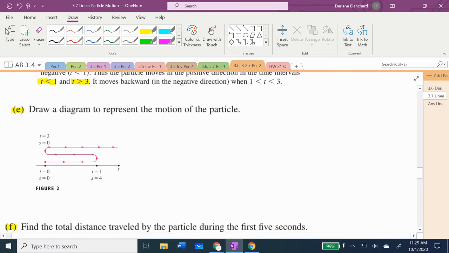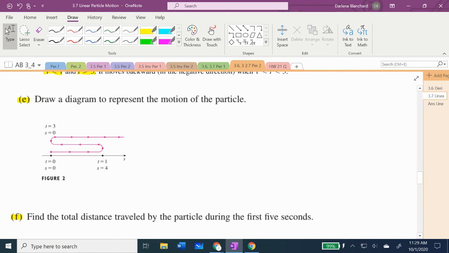For drawing the diagram, you have to see what they mean by that. They're saying here that it's moving horizontally back and forth. And they are letting you know that my location at time 0 is position 0, and that location is here.